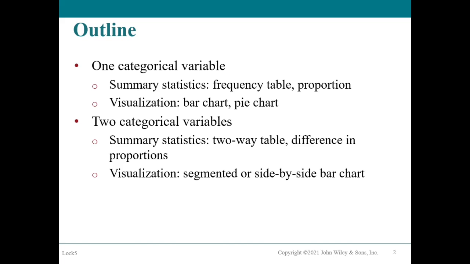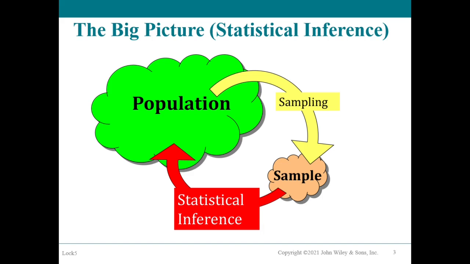First part of section 2.1 is based on one categorical variable, and then we will move to two categorical variables, because we have to treat these in different ways. We will dig deeper into how to summarize these statistics under one or two categorical variables, and then how to visualize these categorical variables. All right.